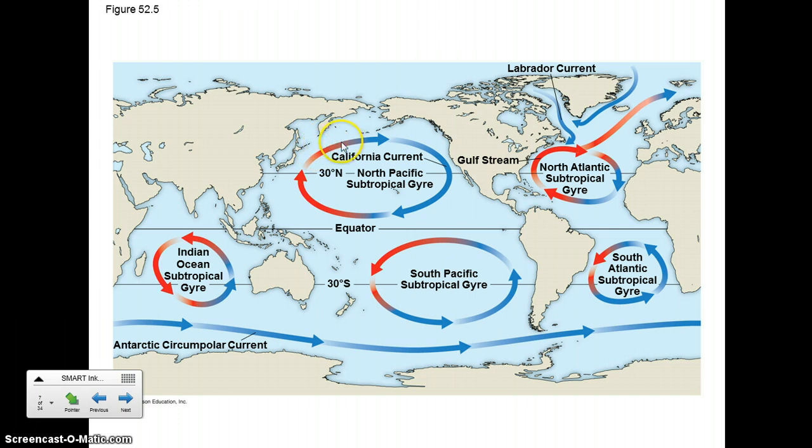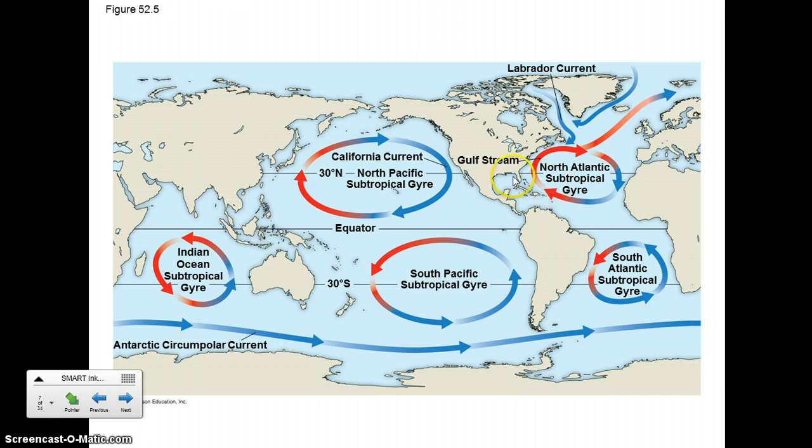So, if you notice, there's a slight difference on the eastern side of continents. Up here in the northern hemisphere, you have warm water coming from the south, whereas on the western side you have cooler water coming from the north.